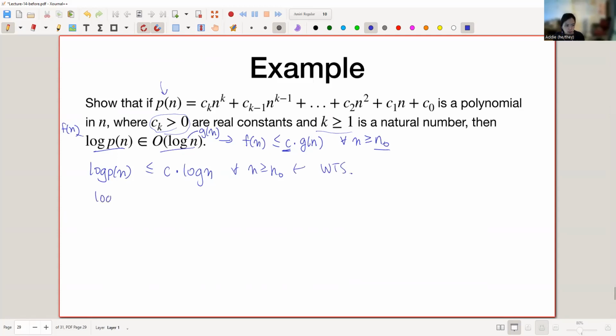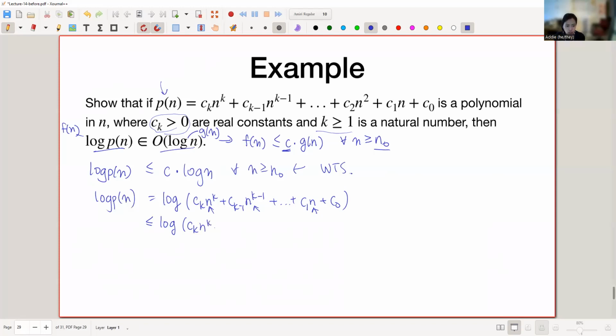So we'll start with log p of n, which is the log applied to this polynomial: log of c_k n^k plus c_{k-1} n^{k-1} all the way down to c_1 n plus c_0. Now this is less than or equal to the log of all of these with n to the k.